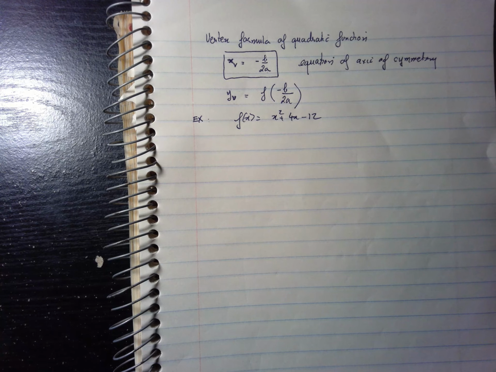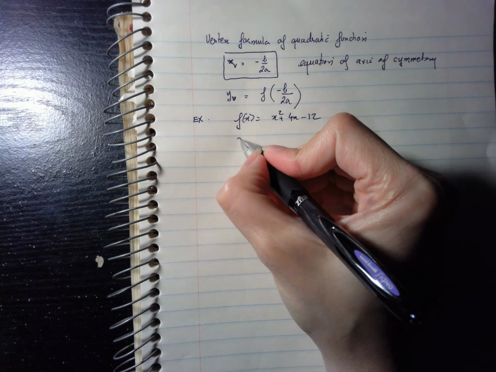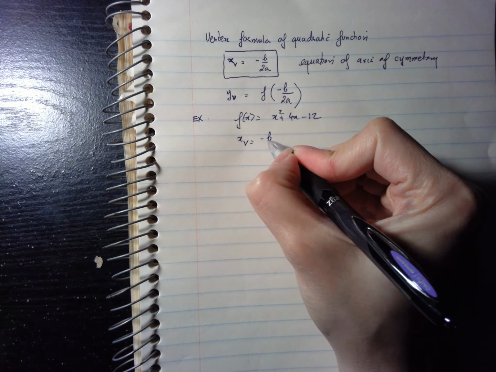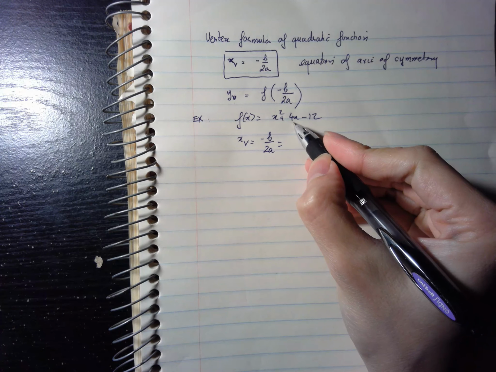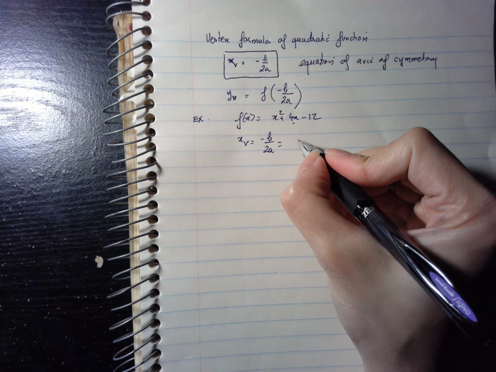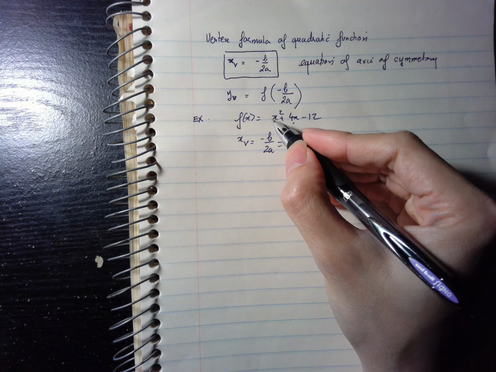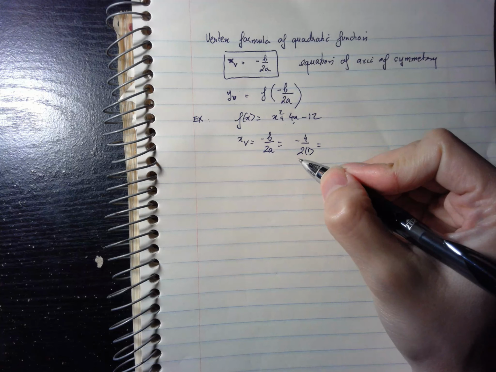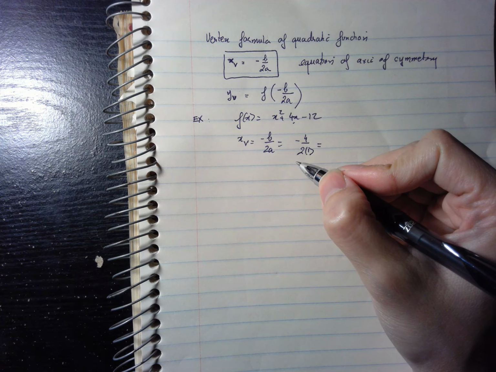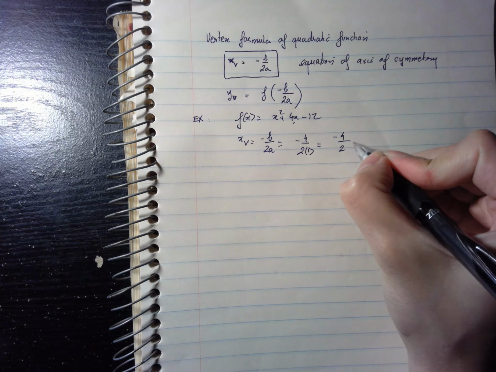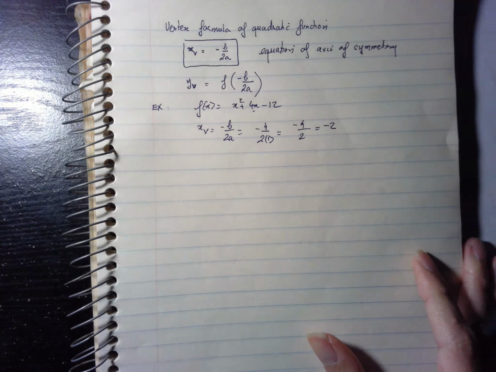It means we need to find x_v. So now I can calculate x_v equals negative b over 2a. b here is 4, so negative b is negative 4. 2a, a is an invisible 1 right here, so I have negative 4 over 2, which gives you negative 2, right?